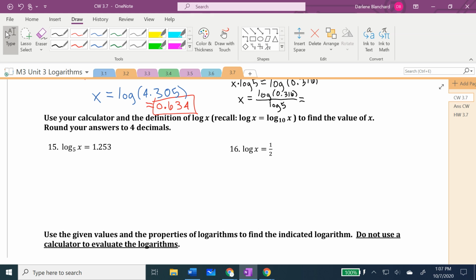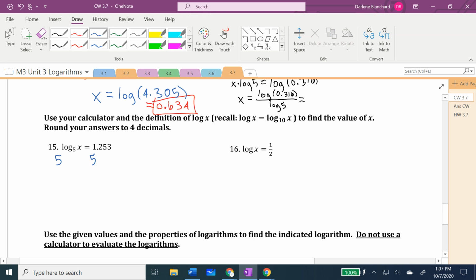These are problems where you definitely want a calculator, but this is going to be faster. Whatever the base is of that logarithm, use an exponential where, so this is base 5, you're going to 5 to the power both sides.